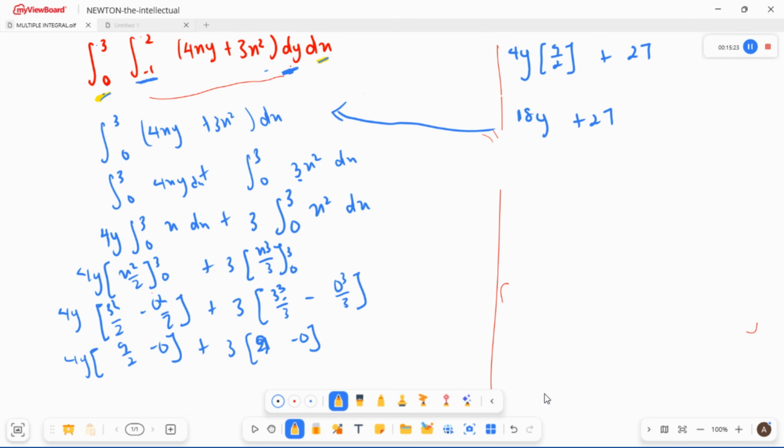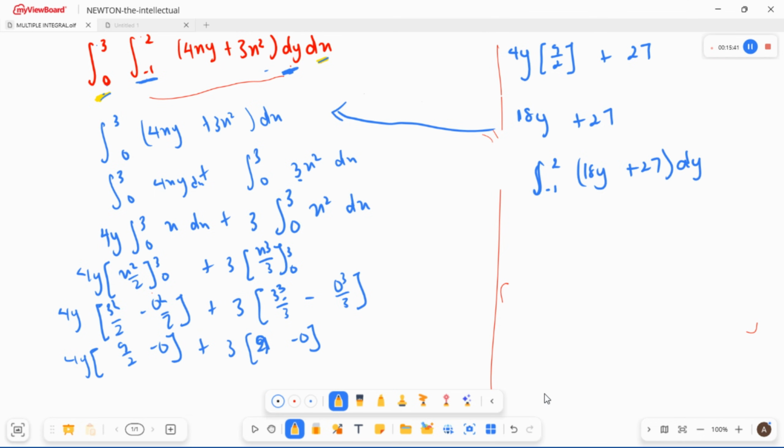So now we're going to plug it back and solve for our dy, where the limit of dy is -1 to 2. So we have the integral of 18y plus 27 with respect to y. So now let's solve.